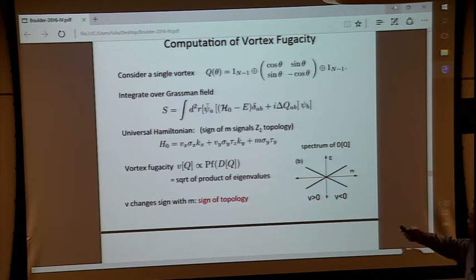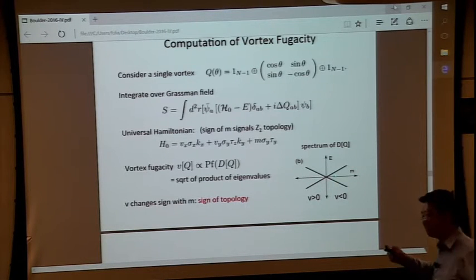This kernel has a spectrum, and once I integrate out the fermions in the presence of this kernel, I get basically the product of half of the eigenvalues of that kernel. So that's why we look at the spectrum of that kernel, and it will show a level crossing across 0 as a function of M.